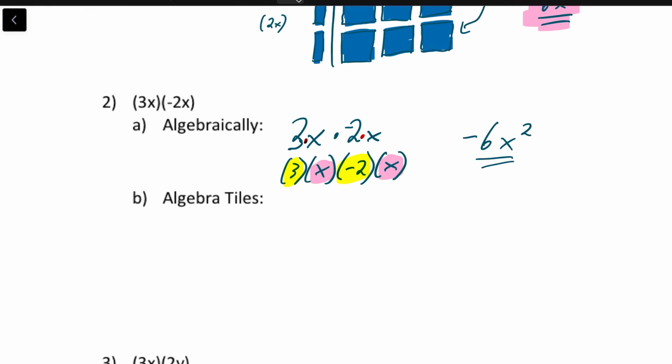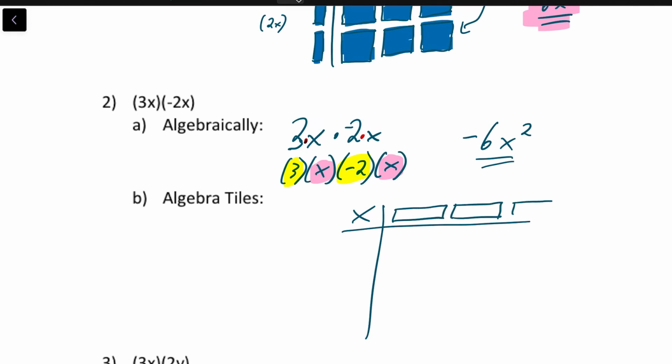And with algebra tiles, we'll go through this again. Here I have the 3x tiles on the top, and I have two negative x tiles on the side, right? This is negative 2x, this is positive 3x.